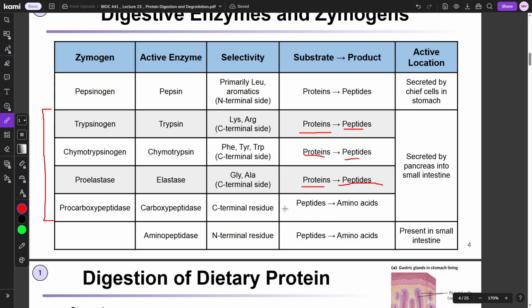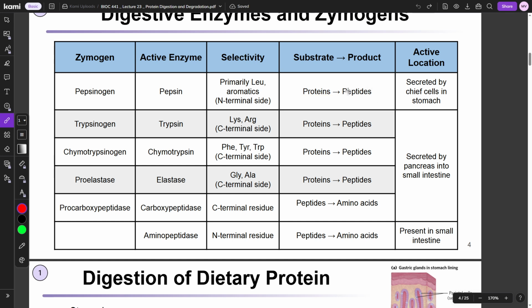Except for procarboxypeptidase, which turns into carboxypeptidase. This thing turns peptides into amino acids, but basically, the intestines are where the bulk of the digestion happens, I guess I would say. So the stomach is responsible for breaking it down a little bit, so going from proteins to peptides, mostly.